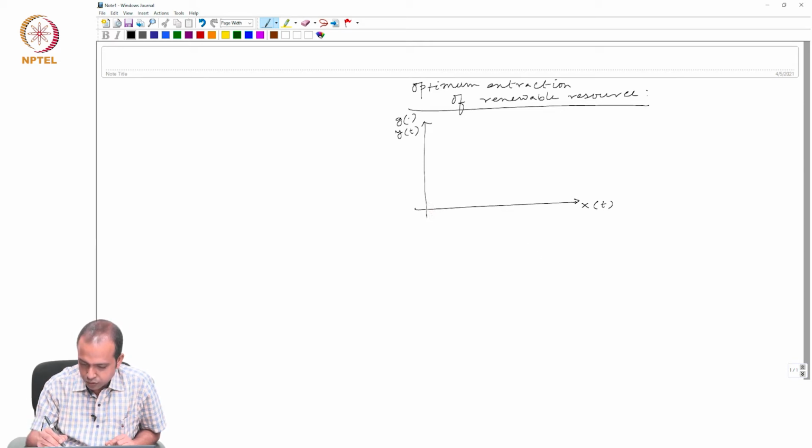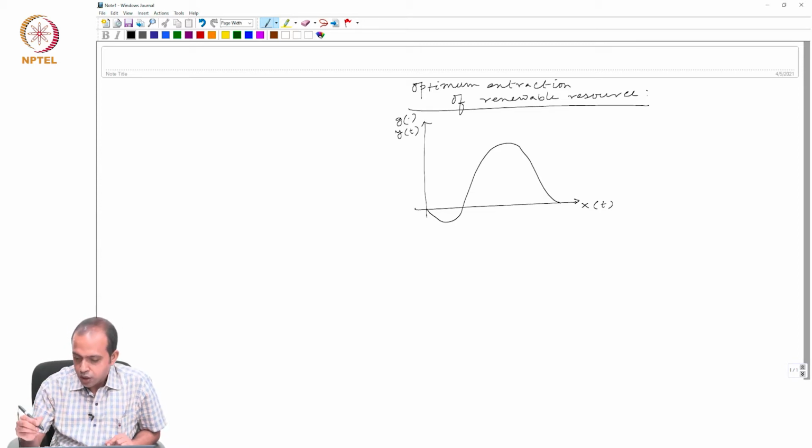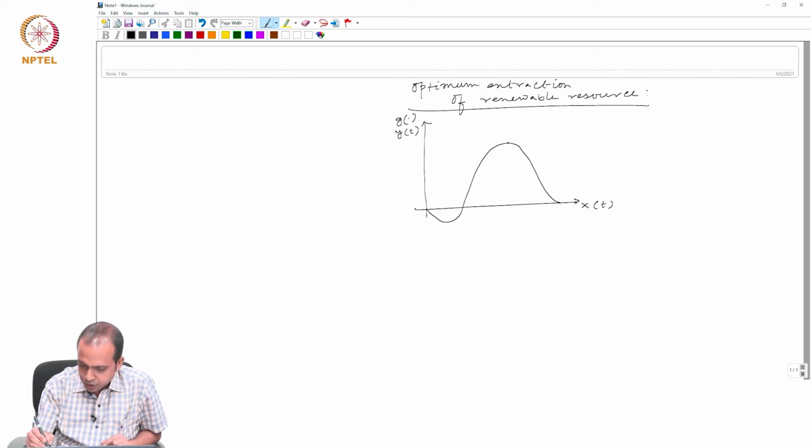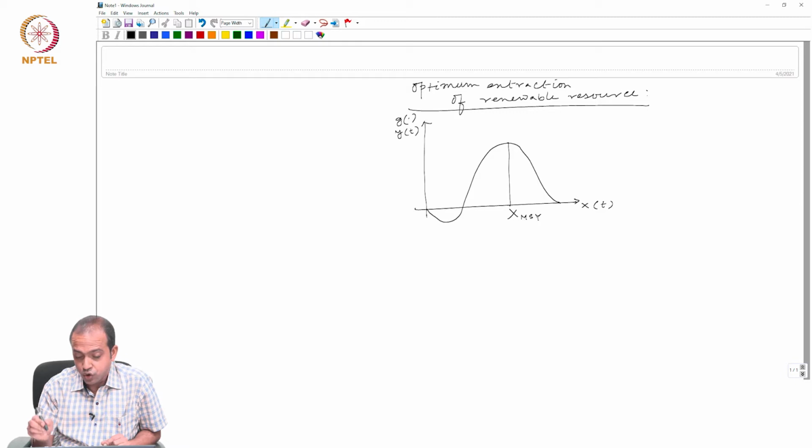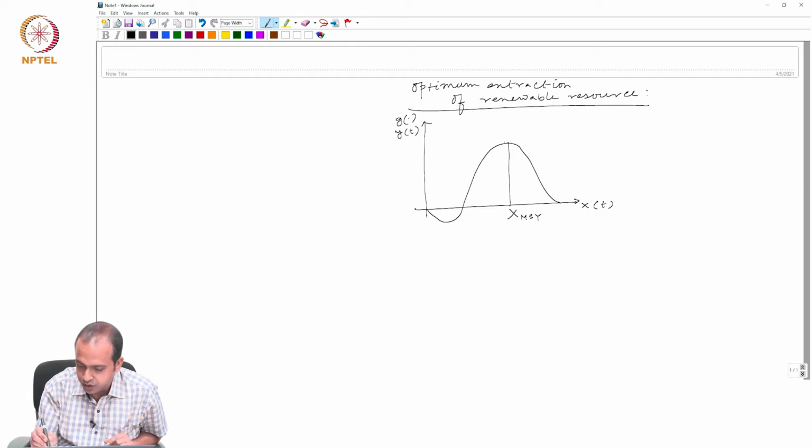This is the growth locus, and this is the point x MSY, the maximum sustainable stock corresponding to maximum sustainable yield.